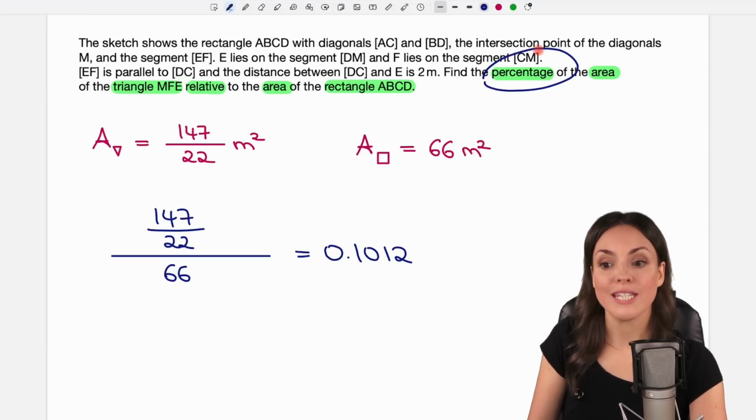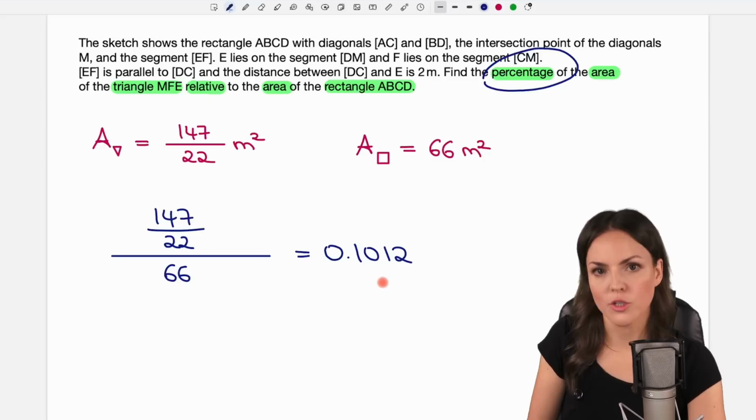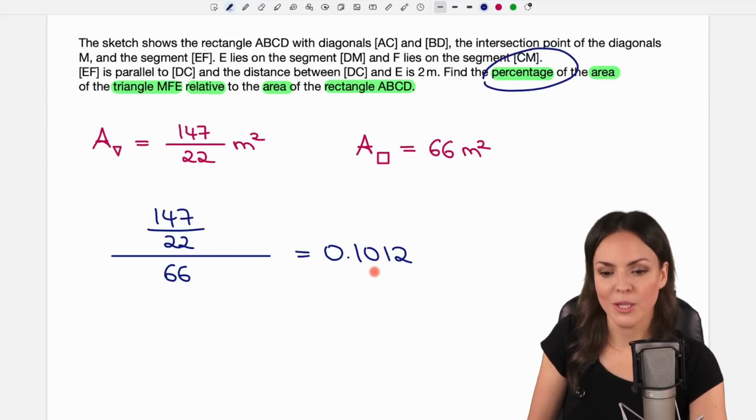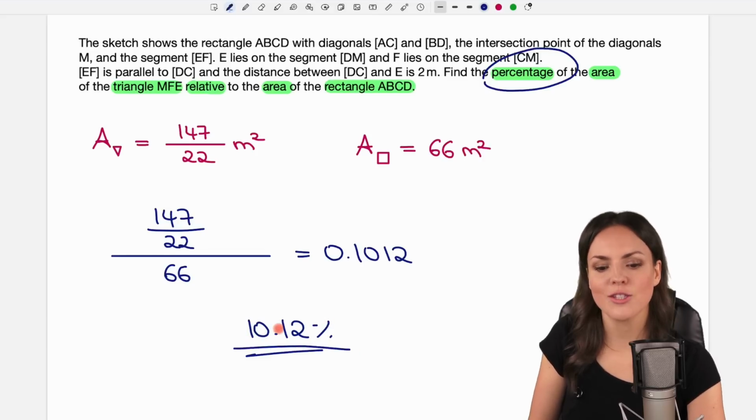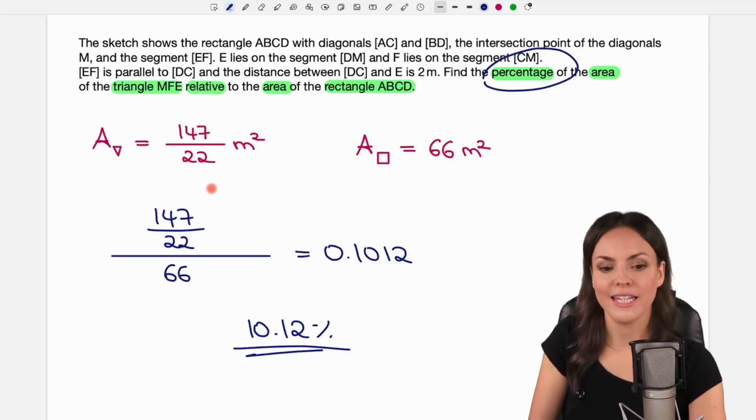We should find the percentage, so we have to take this number and multiply it by 100 to get the percentage. If we do this, we get a percentage of 10.12, and this is the percentage of the area of our triangle relative to the area of our rectangle.